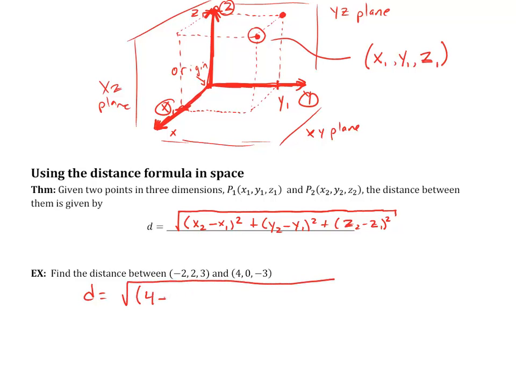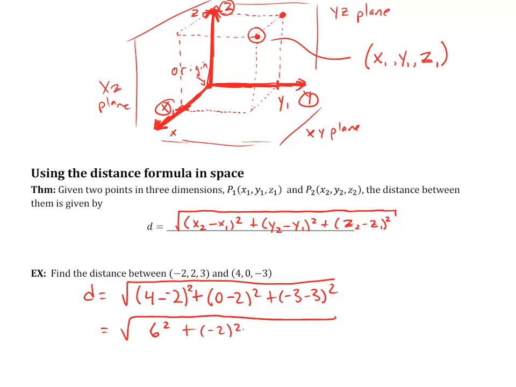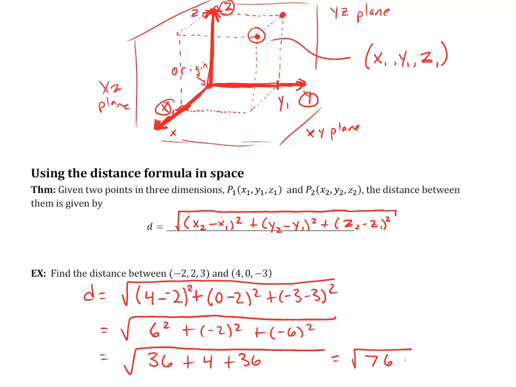You take 4 minus negative 2 and square it, plus 0 minus 2 squared, plus negative 3 minus 3 squared, which would be the square root of 6 squared, plus negative 2 squared, plus negative 6 squared, which gives me 36 plus 4 plus 36, which is the square root of 72 plus 4, which is 76.